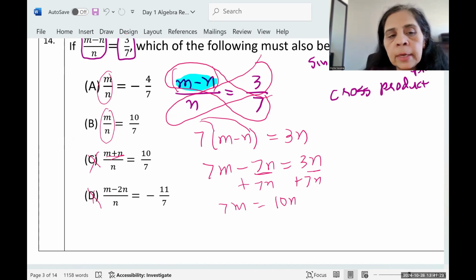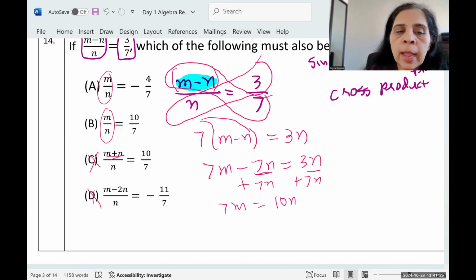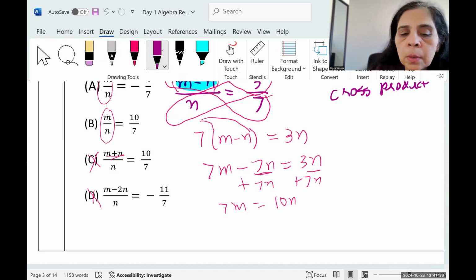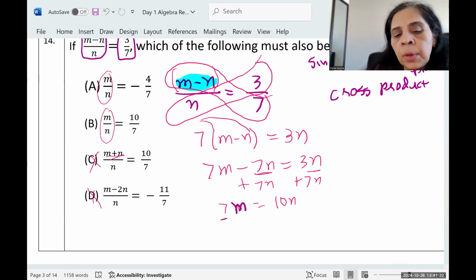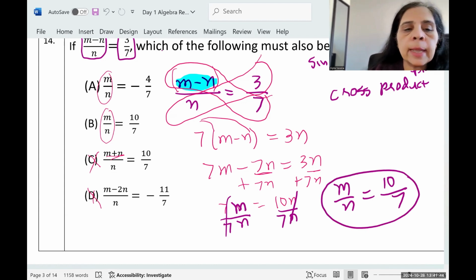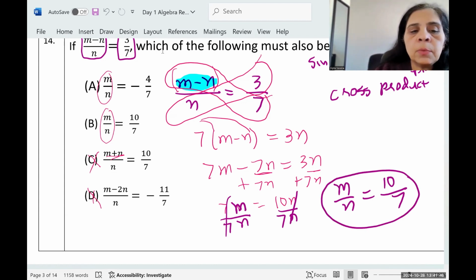So we can set it up as m over n. So I can see we have m right here. If I divide by n on both sides, this n cancels. Now I can divide by 7 on both sides. So we can see m over n equals 10 over 7, and that's it. So let's see which one is 10 over 7. Answer choice B.